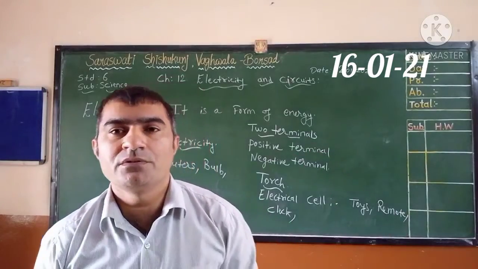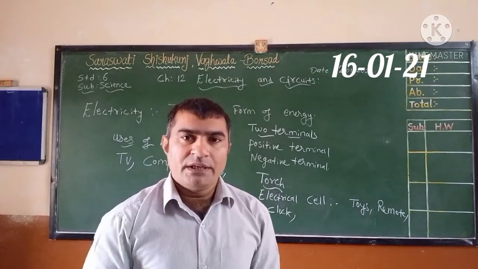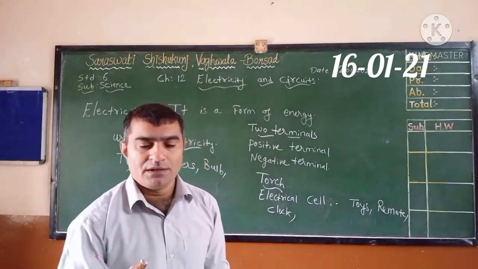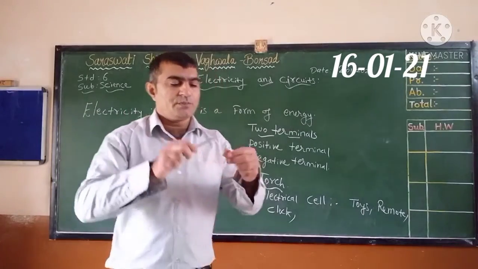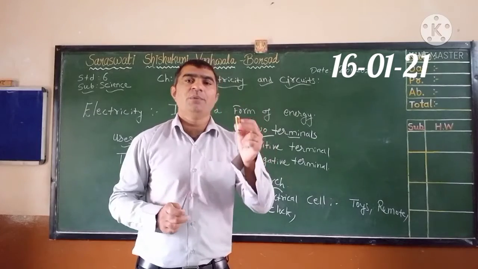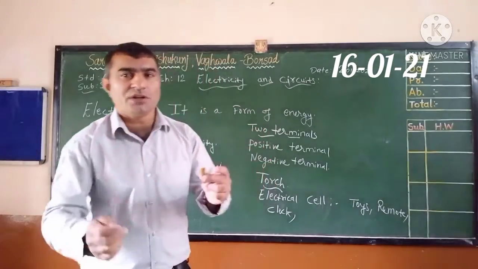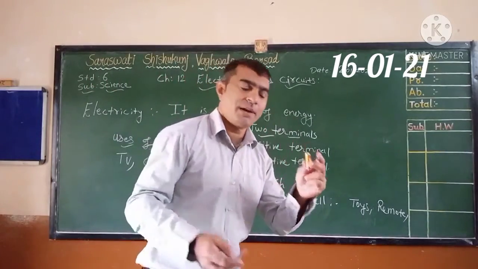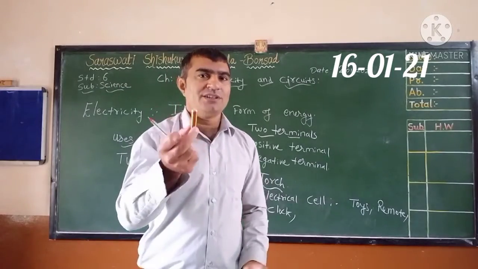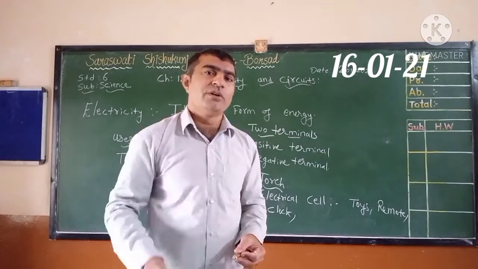If you take any cell from the remote or any useless cell and observe it, it has two terminals, positive terminal and negative terminal. Chemical is stored inside it, and when it is used up, we replace it with a new cell in the torch.